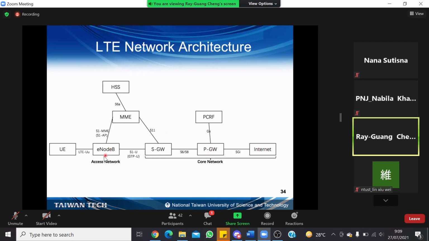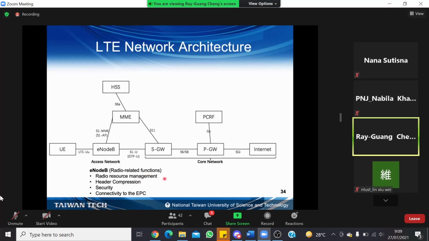But when you want to set up a connection, before you transmit the data, you should go to MME. Whenever you move from one base station, one node B to another node B, it is also controlled by MME. We just mentioned in the previous video, node B deals with radio-related functions.